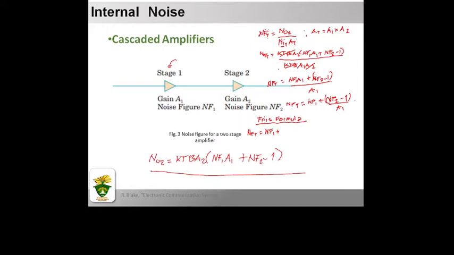Okay, NF1 plus NF2 minus 1 over A1, then NF3 minus 1 over A1 times A2, and then so on and so forth. Okay, so this is the Friis formula.